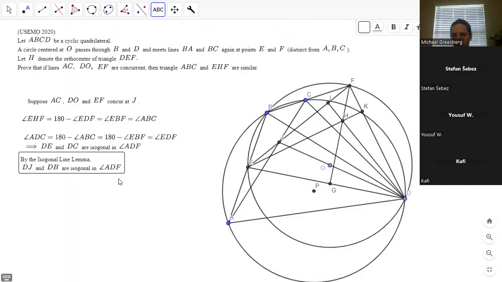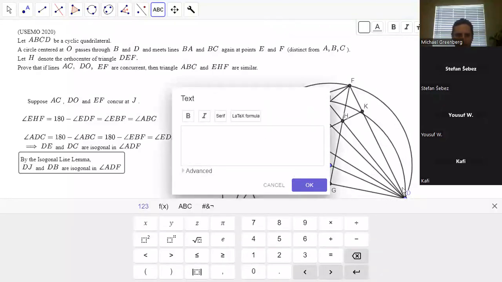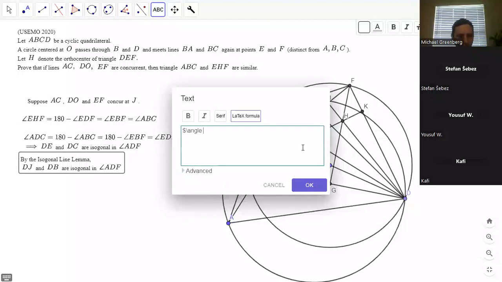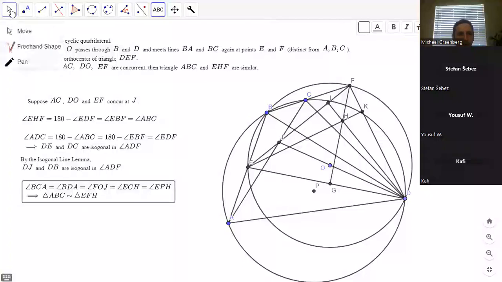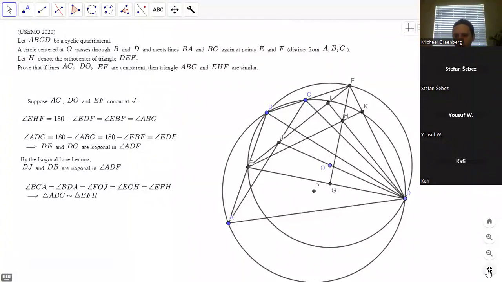And that solves it. Okay. And that means that ABC is similar to EFH. So yeah, it's not a difficult problem. All right, let's move on.